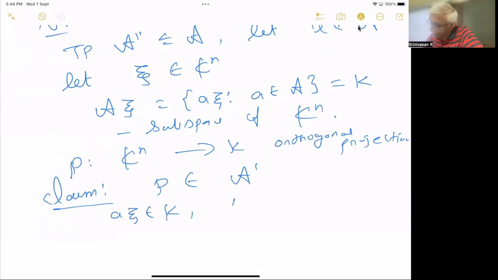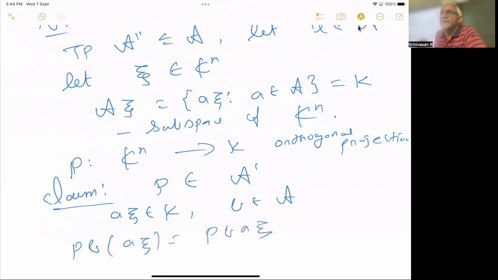We want P to commute with it. Let B be in A. Then P B A xi is, of course, P B A xi, where I take A xi, a vector in K, and B is an operator in A. Since P is a projection onto K, it acts as identity on K. So this is just equal to B A xi, clear?